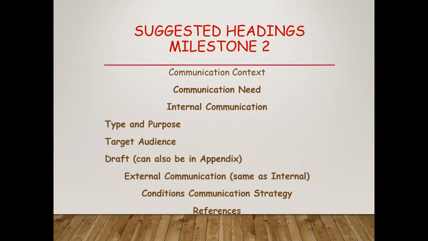The type, purpose, target audience, and draft were all underneath internal and external, which is why they really shouldn't be main centered headings. External was another main heading, and you had the same subheadings as internal. Conditions, communication strategy, which really was your summary, and you needed a heading for your references. So these were the suggested headings for Milestone 2.